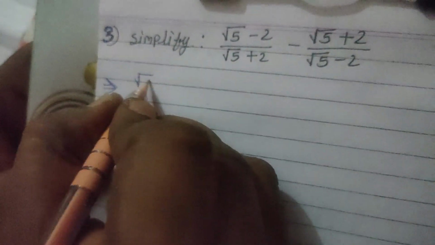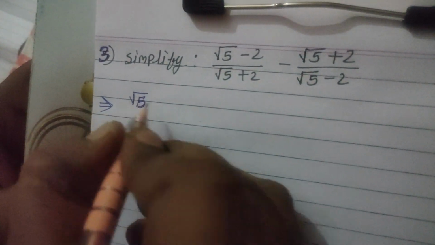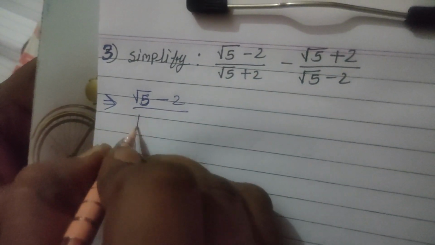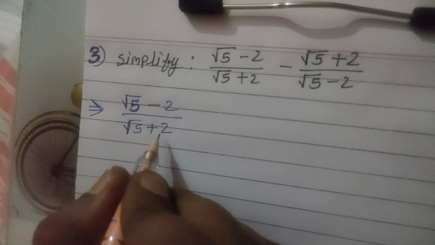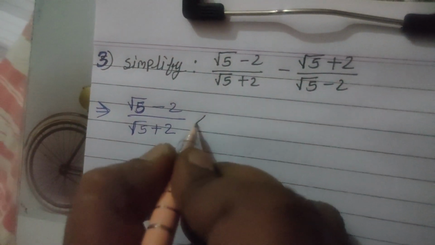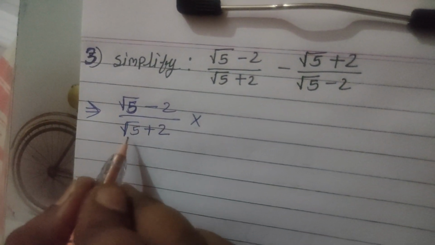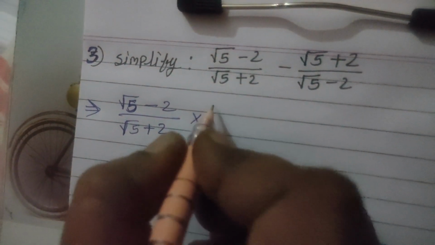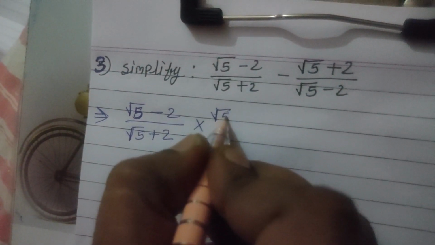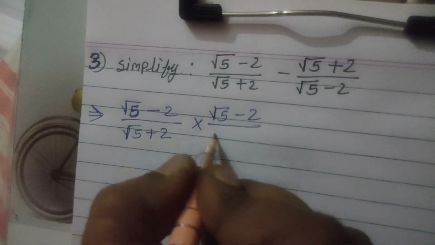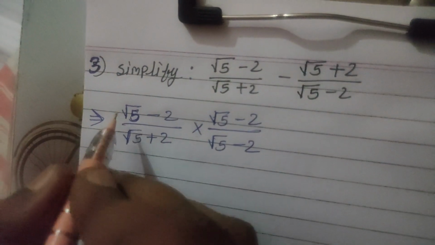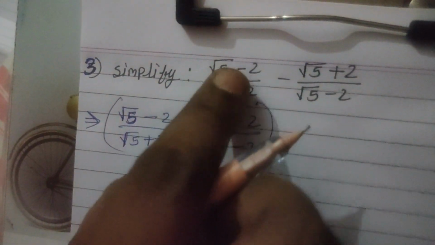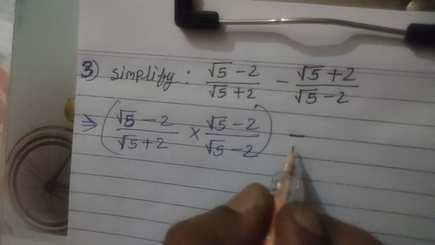So first I am writing this root 5 minus 2 upon root 5 plus 2. Here the denominator is root 5 plus 2, so the rationalizing factor of this denominator will be root 5 minus 2. So I will multiply numerator and denominator with root 5 minus 2 upon root 5 minus 2. This is only for this one. Now the minus sign is there.